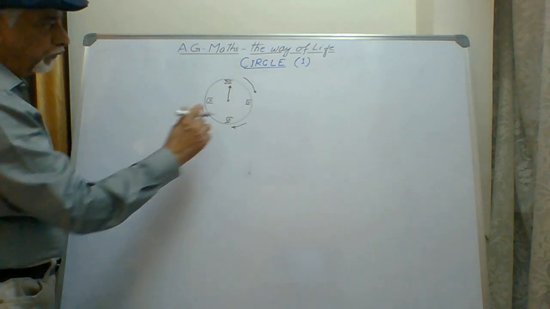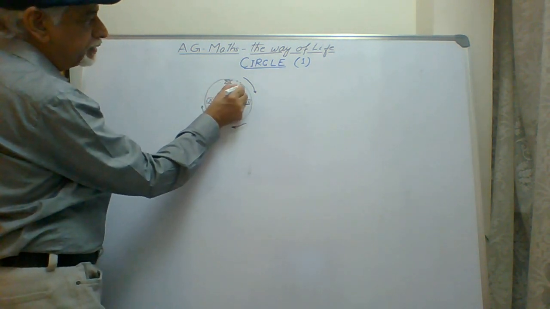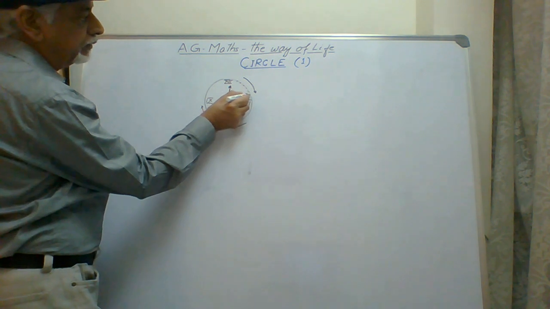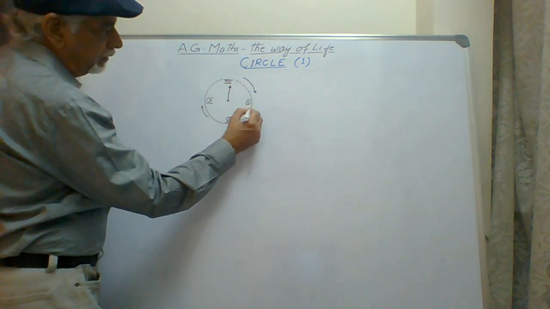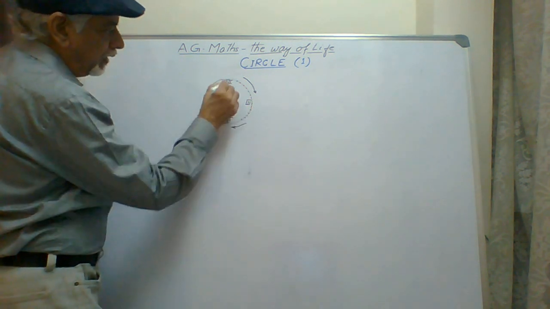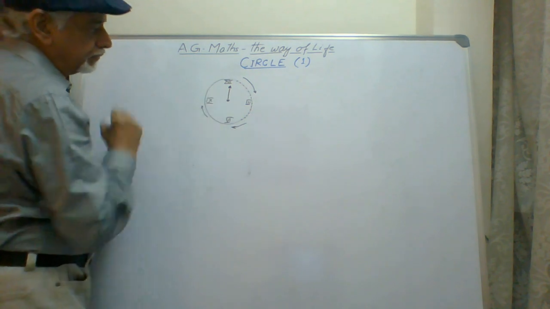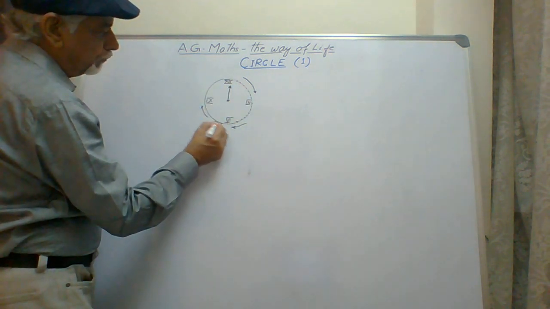While doing so, if you note the path which is being covered, I have put some dots here where I have marked the position of the second's hand tip, the arrow part, the tip part, not this one. The arrow part I have marked like this all through its movement.